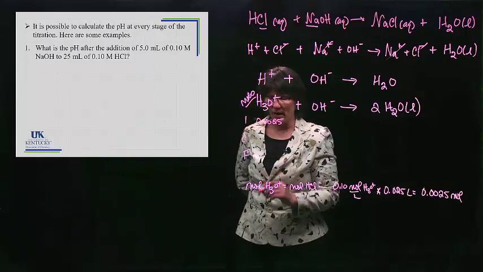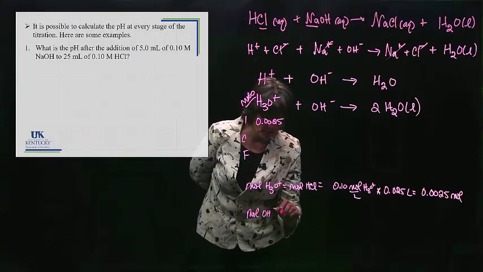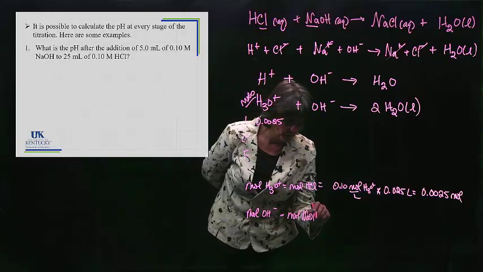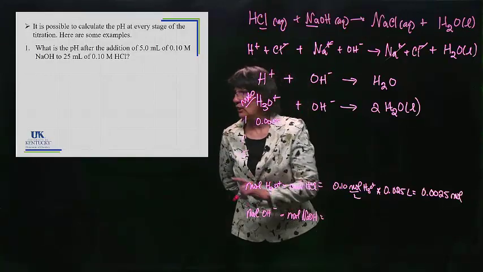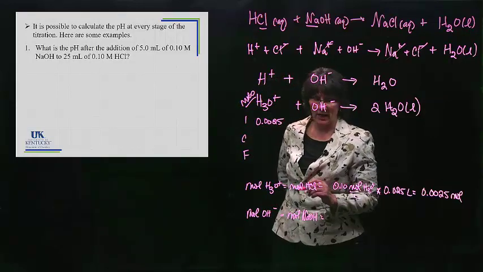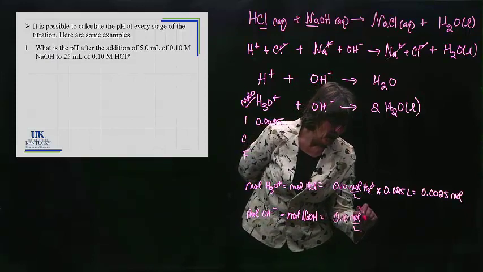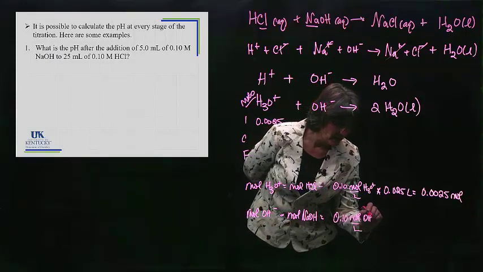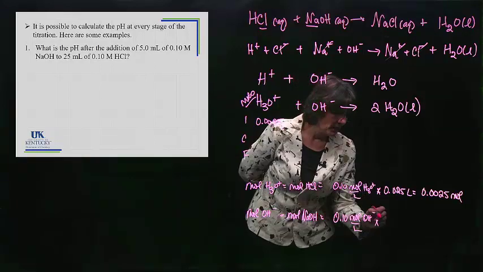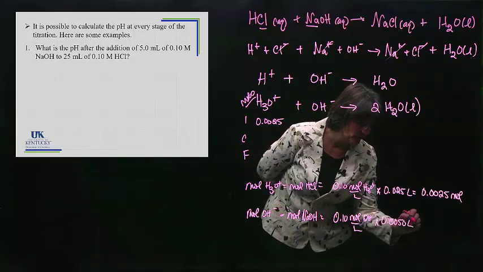Now I'm ready to come to my OH-. The moles of OH- are coming from the moles of NaOH. I look over here and I see that the molarity of NaOH was 0.1 again, and the volume of that solution was 5 milliliters, so 0.005 liters.